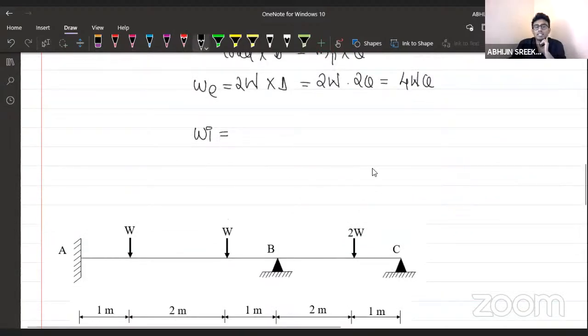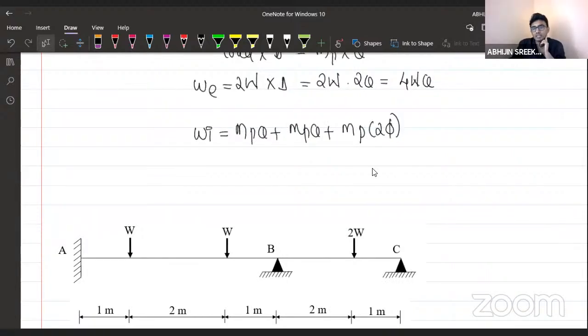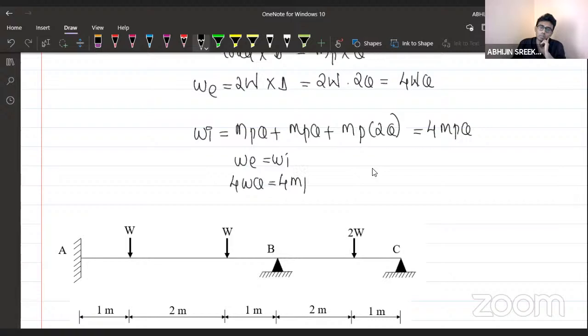Phi I can write as 2 theta, so the total will be equal to 4 Mp theta. I can equate WE with WI. From this, 4W theta will be equal to 4 Mp theta. From that I can easily say the collapse load for this mechanism will be equal to Mp.